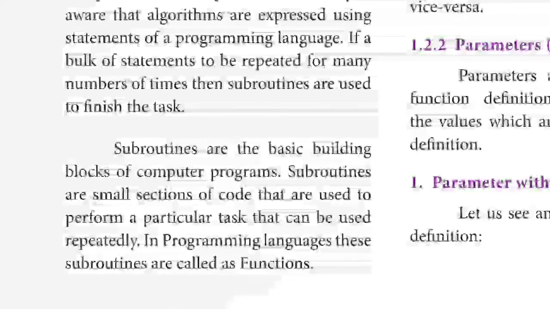A subroutine is a small set of instructions, or a small subdivision of a main program, so that it can be executed more number of times. It is meant for doing a particular, simple task.